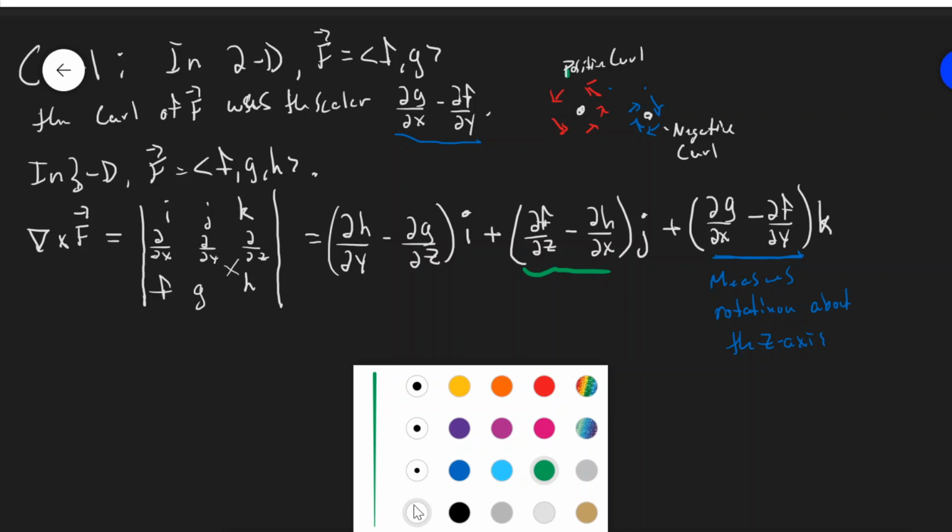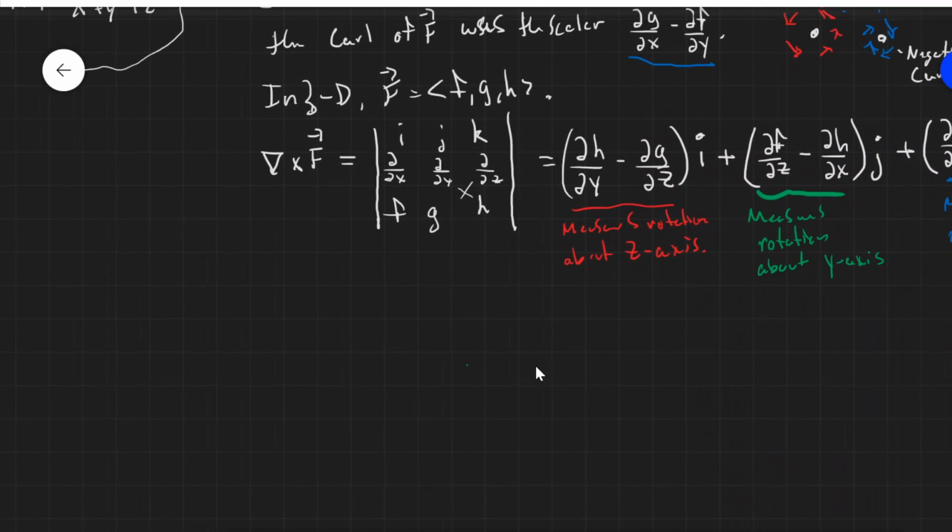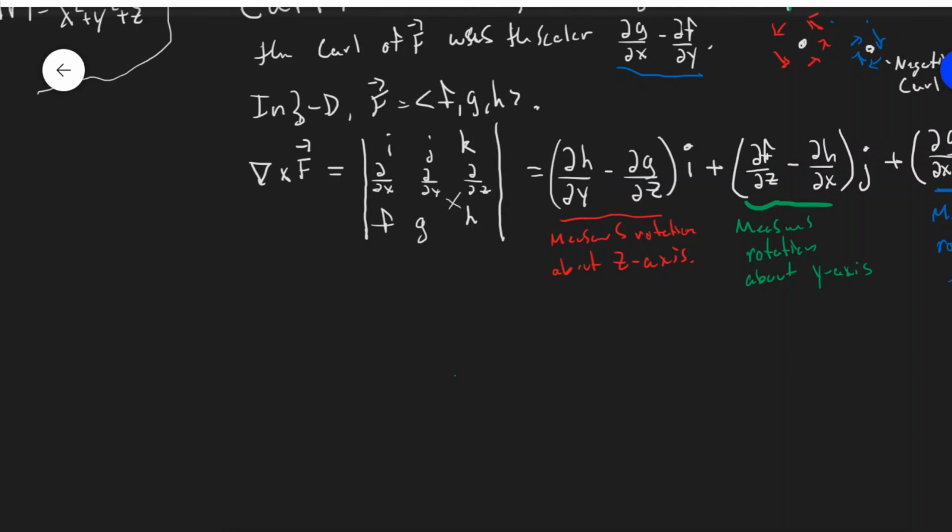This, in general, measures rotation about the y-axis. And finally, this guy measures rotation about the x-axis. So this is in general the formula for the curl.